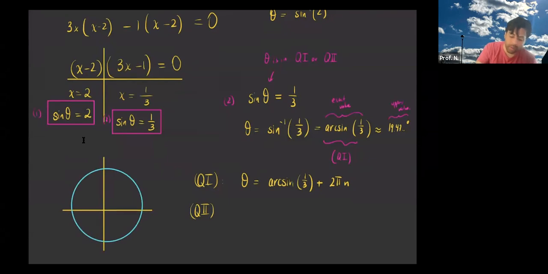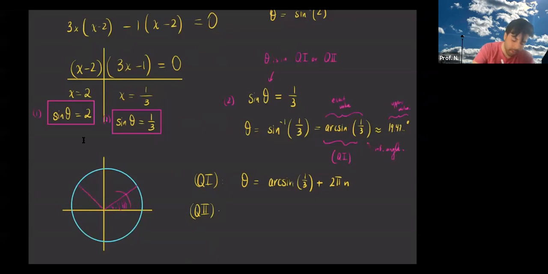In quadrant 1, this angle here is sine inverse of 1/3, which is 19.47 degrees, and it represents a reference angle. Now, if I want the angle to also be in quadrant 2, what must I do to get the other angle?